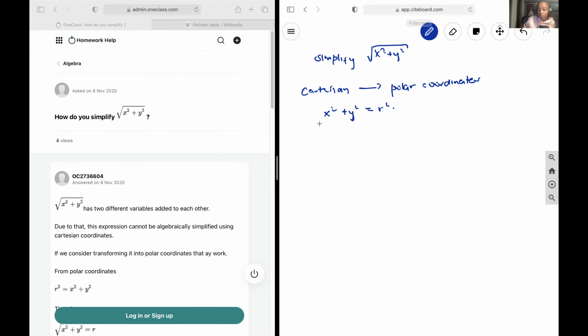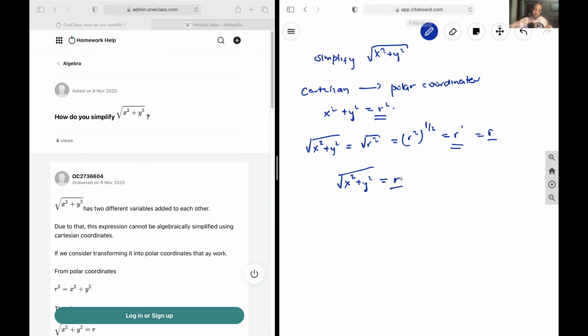And so since these two are equal, we're going to put this in. So root x squared plus y squared is equal to the root of r squared, and this is r squared to the power 1 over 2. So 2 times 1 over 2 is just power 1. So it's going to be equal to r as a simplification. So root x squared plus y squared is equal to r.